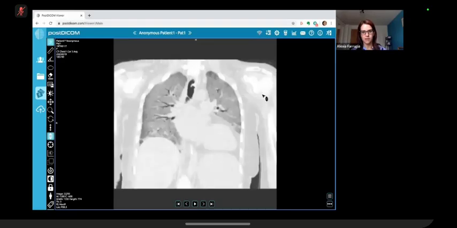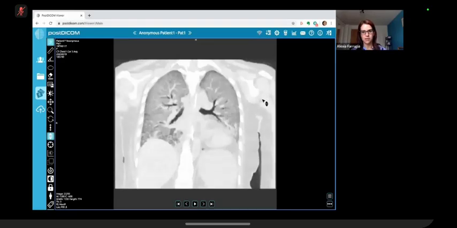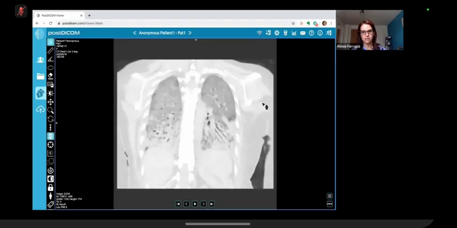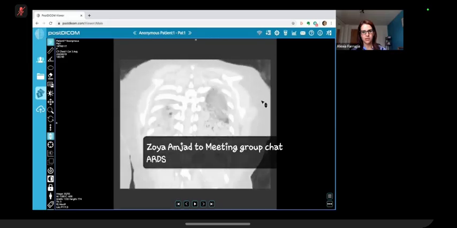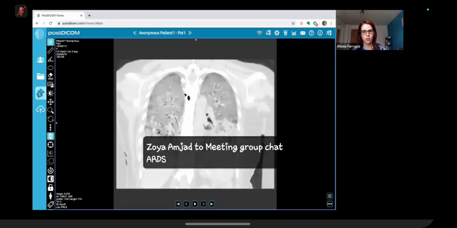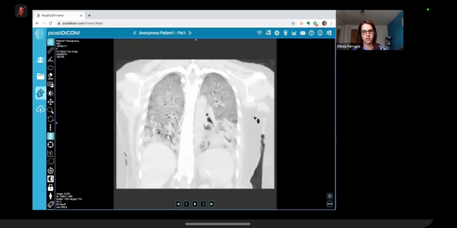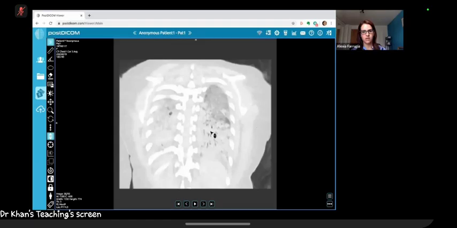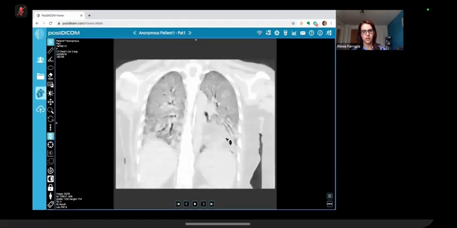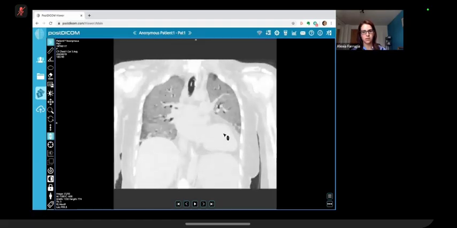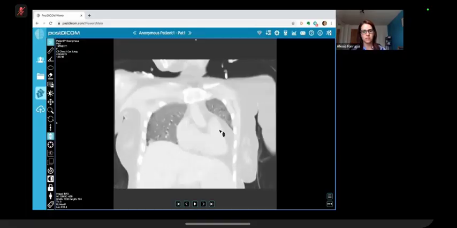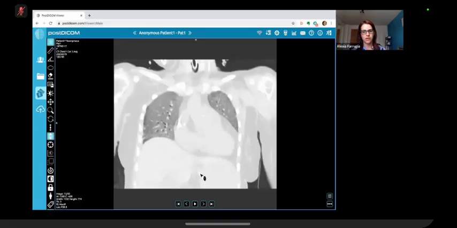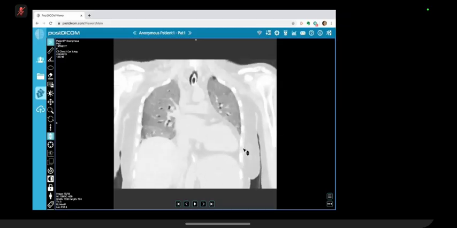Okay, so these are the coronal images, which again nicely show that gradient, with a predominant pattern of ground glass in the upper and mid zones, and more consolidation with air bronchograms in the lower zones. And by this time, they had correctly replaced her lines.